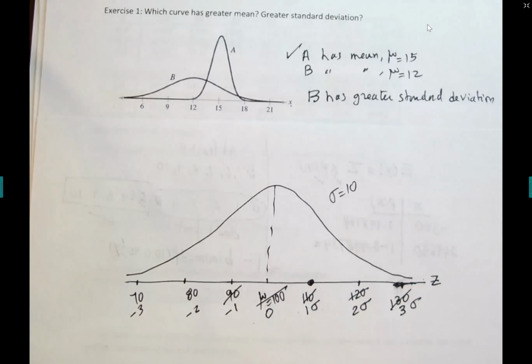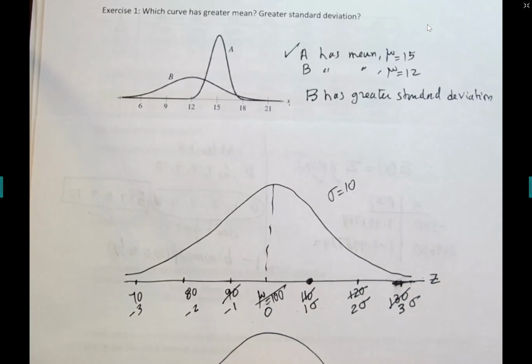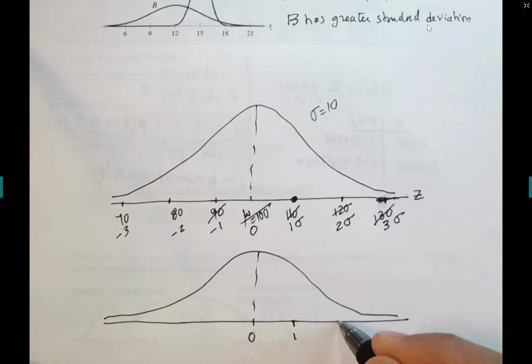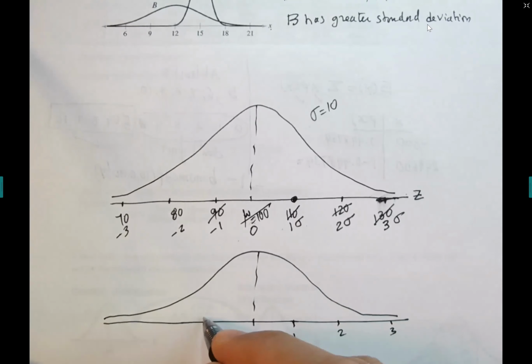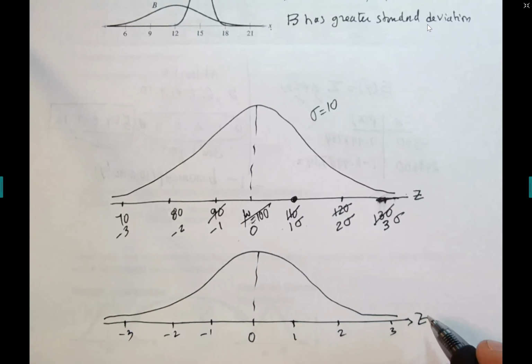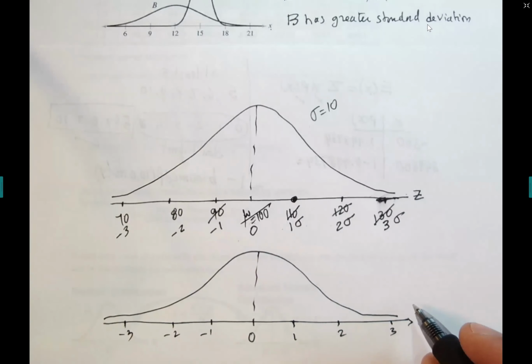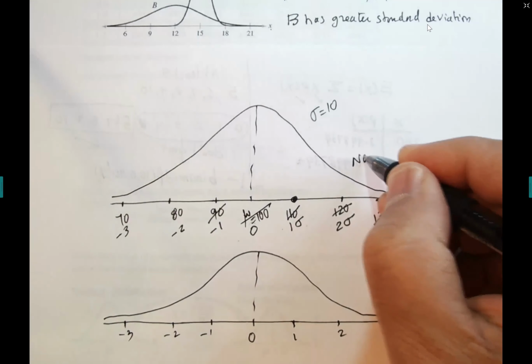I'm just going to redraw this one nicely. 0, 1, 2, 3, -1, -2, -3. And if you put this Z, it's exactly the same as the original one with those numbers 100, 110, but using standard deviations. This is called the normal curve.